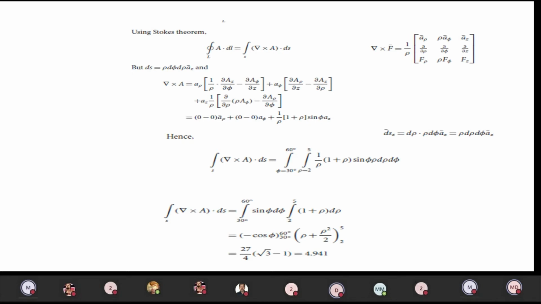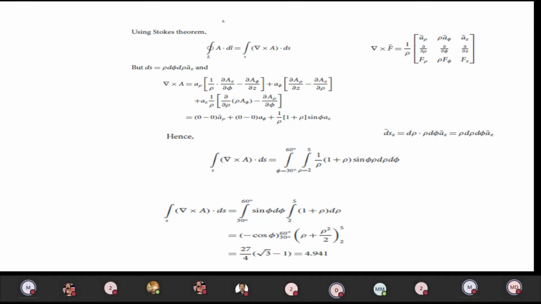The surface integral of del cross A dot ds, we have to prove that. That means we first take the curl of the vector, and then do the integration. The vector is in the cylindrical system.